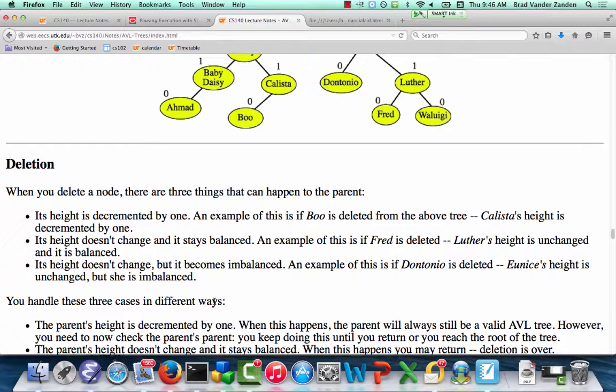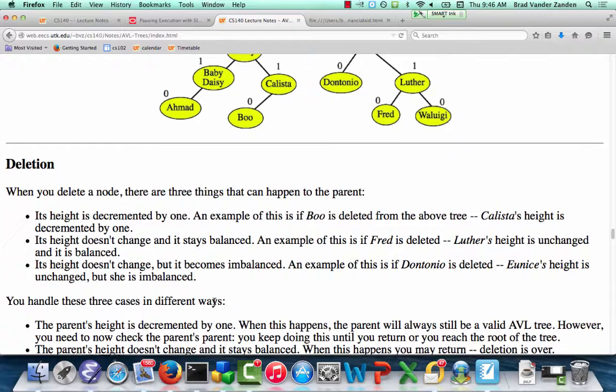And then after you perform the deletion, you check to see whether it's still a balanced AVL tree, and if it's not, then you need to perform some rebalancing operations. And there's essentially 3 different things that can happen when you delete a node.